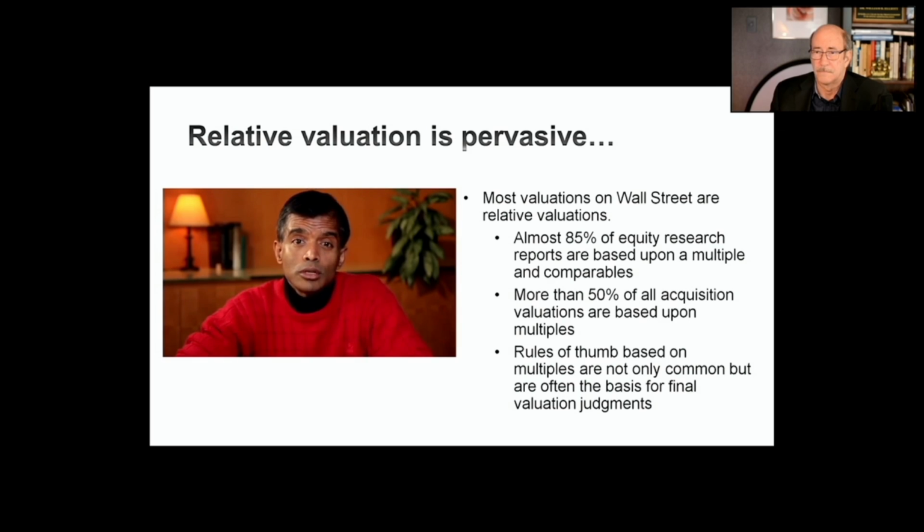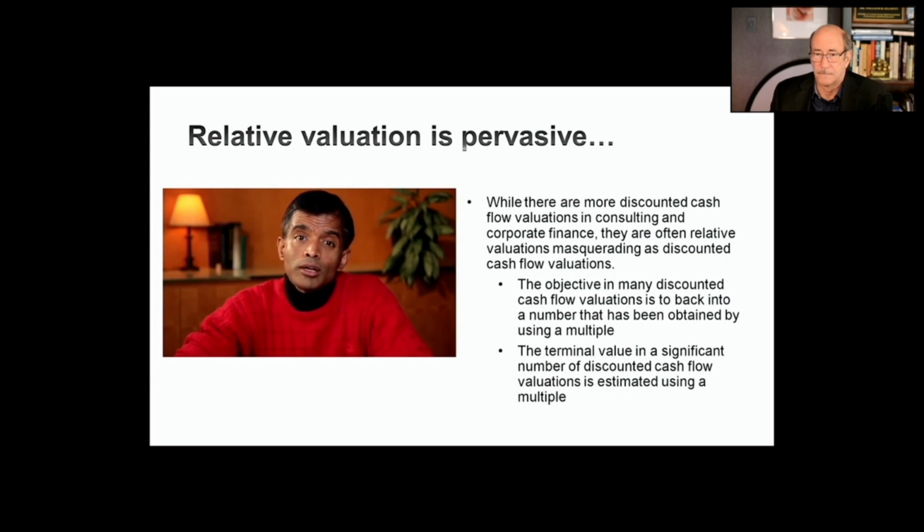So even those were really relative valuations. Almost every rule of thumb you see out there is based on a multiple, right? What am I talking about? Price to book less than 1 is cheap. A price earnings less than 10 is cheap. They're all based on multiples. What I'm trying to say is the language of valuation around us is the language of relative valuation.